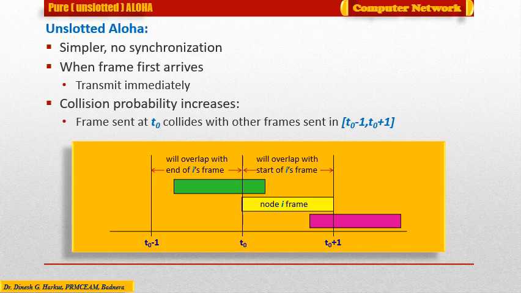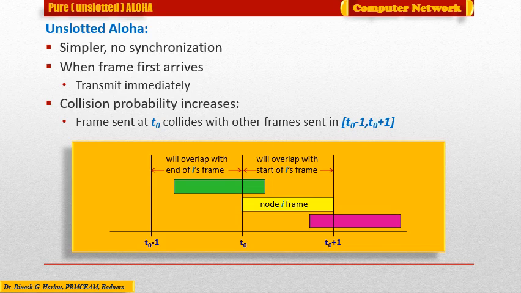The first ALOHA protocol was actually an unslotted, fully decentralized protocol. In pure ALOHA, that is the unslotted ALOHA protocol, when a frame first arrives, that is, a network layer datagram is passed down from the network layer at the sending node, the node immediately transmits the frame in its entirety into the broadcast channel.